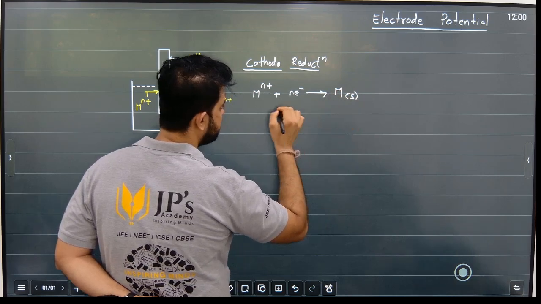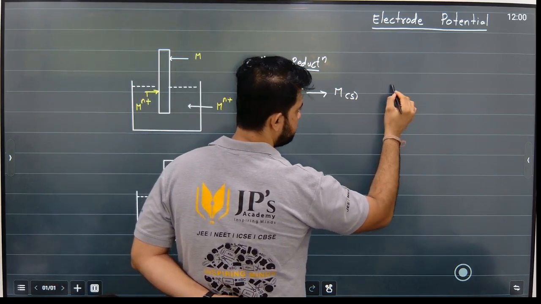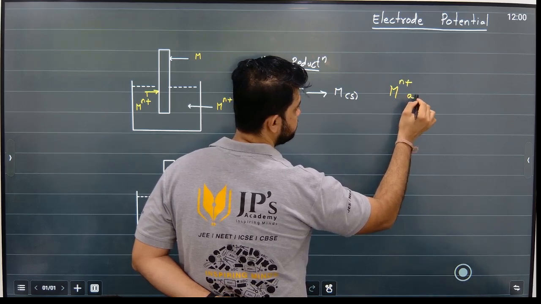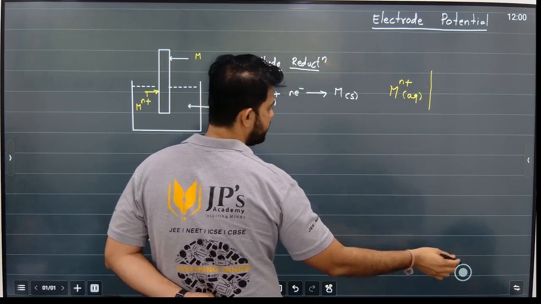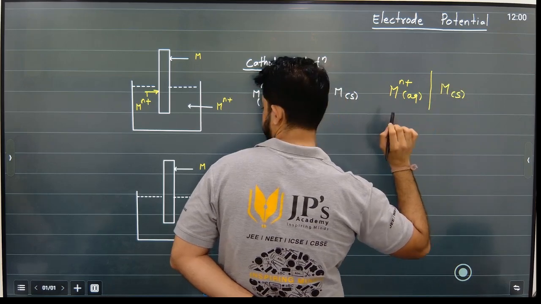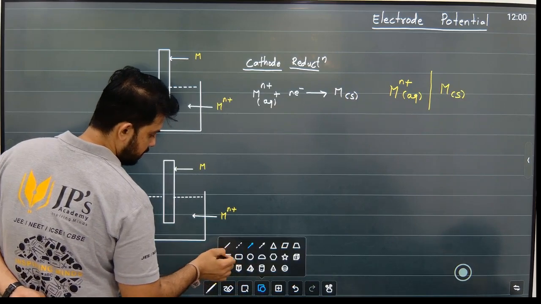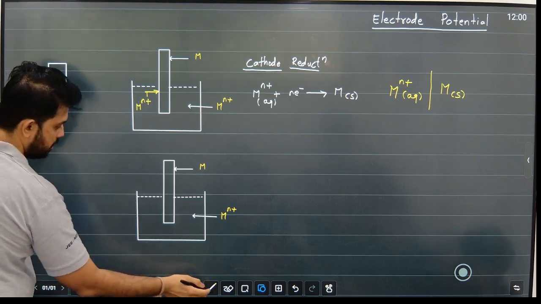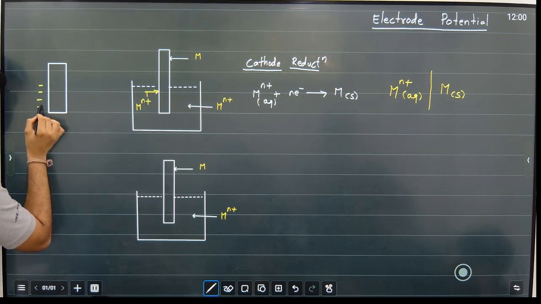How did we write इसका representation? M, Mn plus, equals. What does a single line represent? Change in phase. और यहाँ पे क्या बन गया people? M solid. ठीक है? Also, इसके बाद में हमने कुछ ऐसा लिखा था that eventually what is left in the solution is only negative ions.